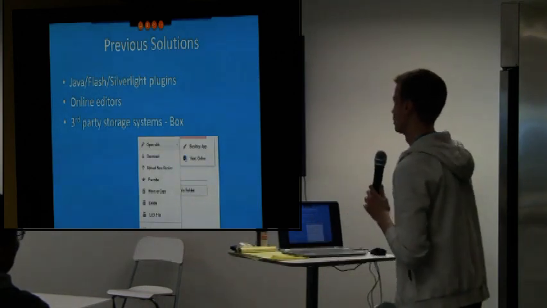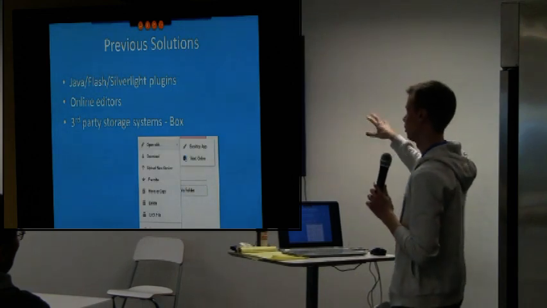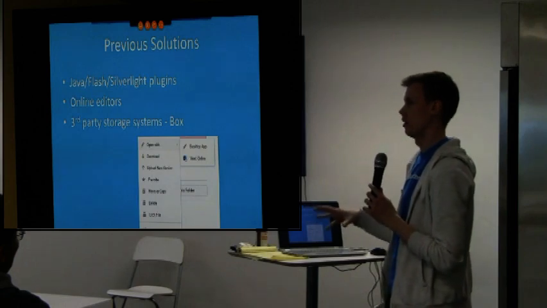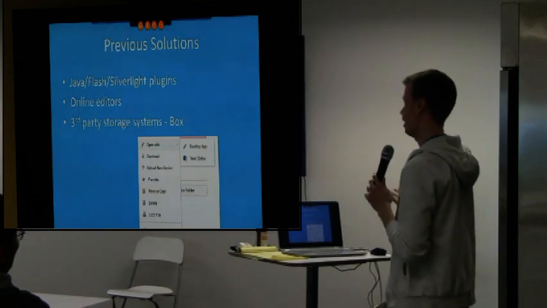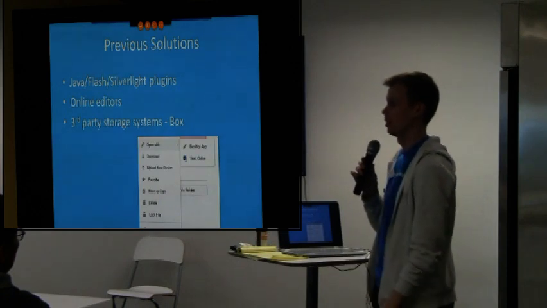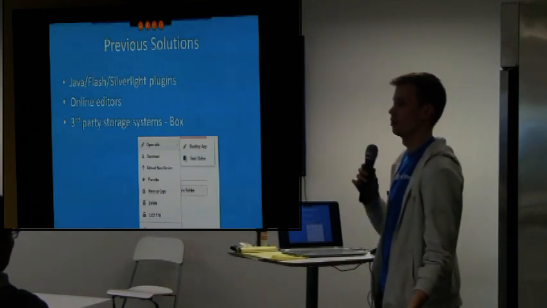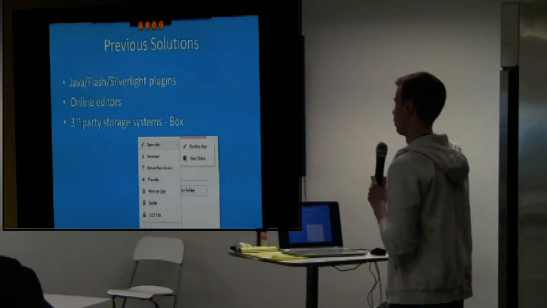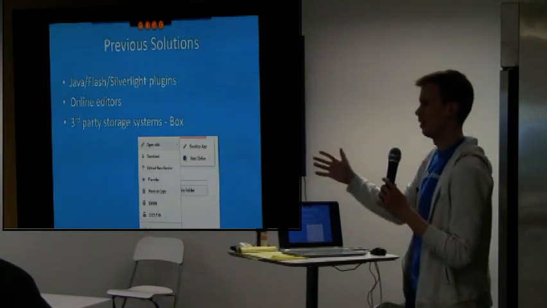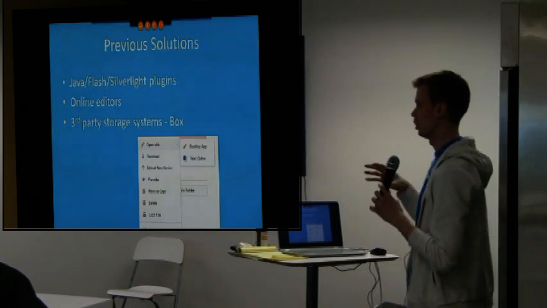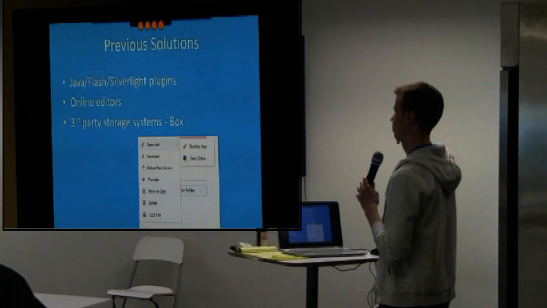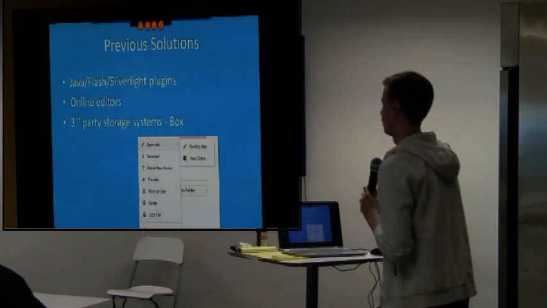Box specifically is one where you can actually edit with a desktop app, and it's given us the seed of the idea of what we're going to be demoing here today. But it also means that you have to integrate with their system and store your files there, or in some sort of synced folder. So if you want it to be specific to your application, your cloud storage, you're kind of out of luck there.